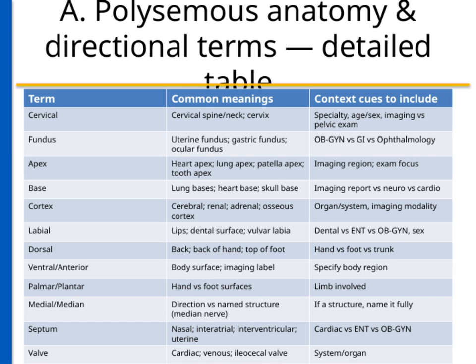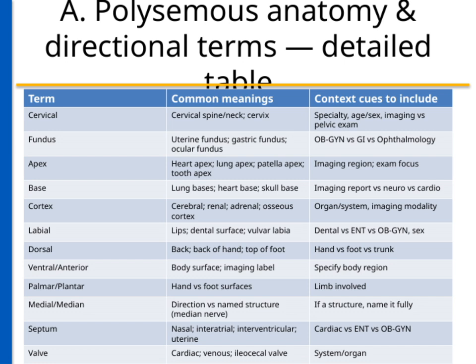Recognizing the context, whether ENT, cardiac, or gynecological, helps determine which septum is being discussed. And last but not least, valve can refer to cardiac valves, venous valves, or even the ileocecal valve. Again, understanding the system or organ involved allows us to interpret these terms correctly.